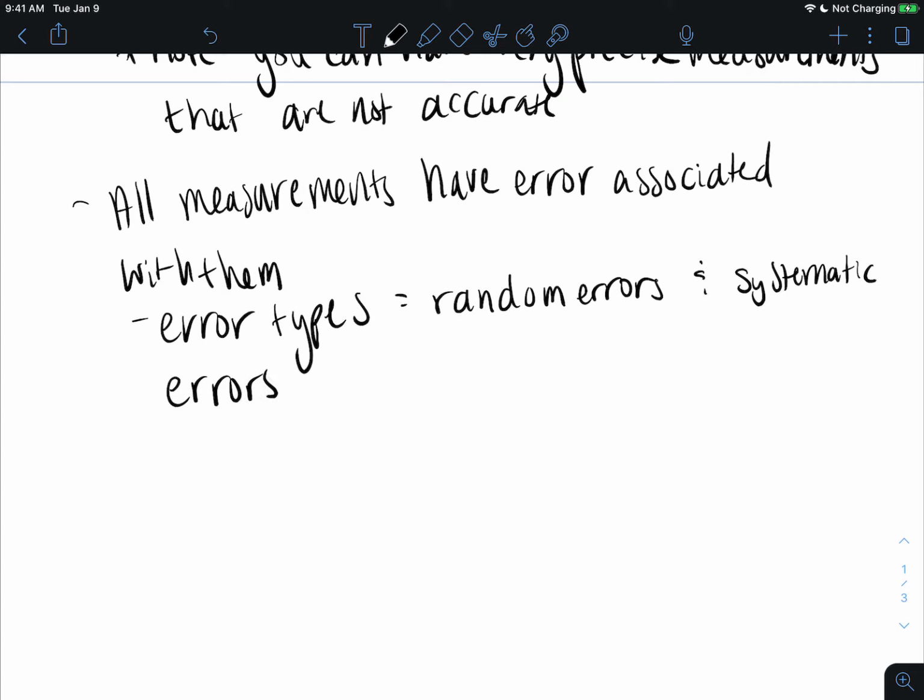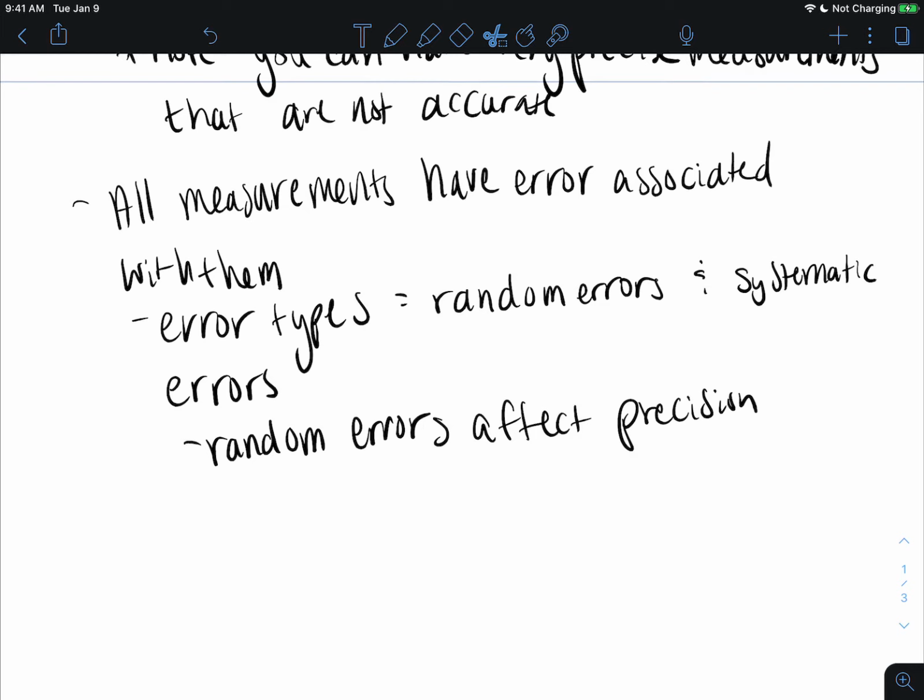Our random errors are errors that are going to affect our precision. Random errors are going to be positive and negative in nature, so they're going to fluctuate below and above the accepted or true value. All measurements are subject to random error. It could be as simple as someone opening a door, which could cause random error due to airflow changing.